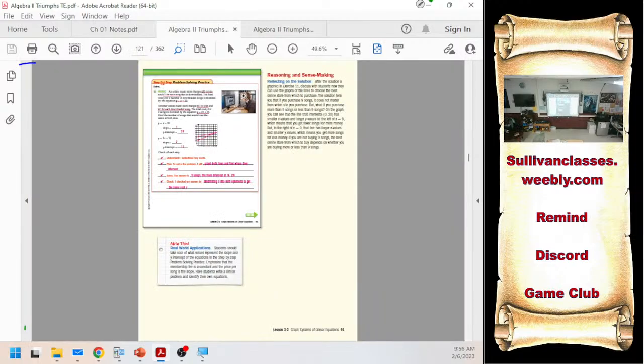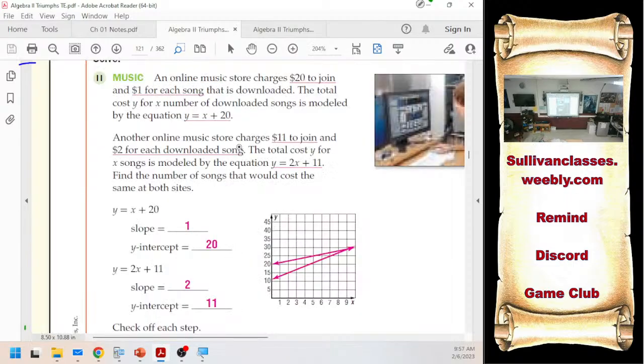Okay. The word problem. Now, some of you were asking about this, where if my slope is 1 or 2, but my y-axis is going by 5s, how do I do that?